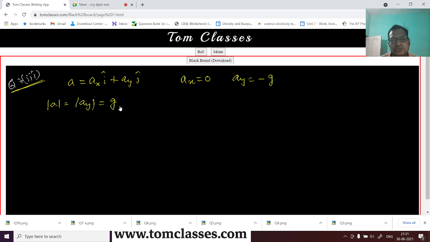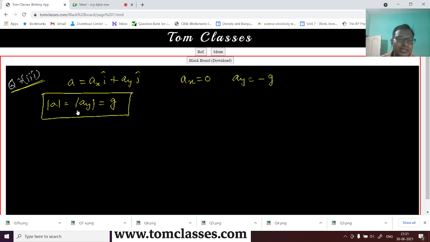Okay, so the graph here, this is g, right? So AY is always g, that's what it is. It is again a constant. So it is going to have only one component, that is the g component.